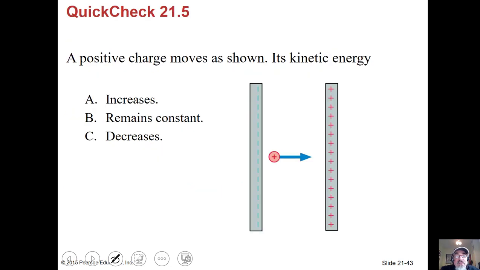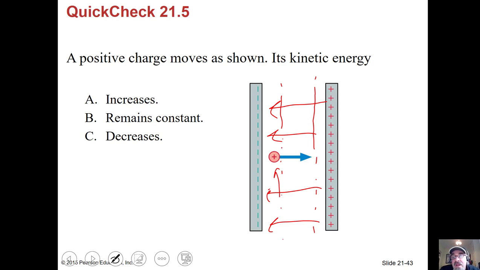Okay, so let's see. A positive charge moves as shown. What happens to its kinetic energy? Well, pretend that you had this charge here. Would it want to go across? Right, the electric field, I'll use red for the electric field. This is the electric field. This is from chapter 20. This is going to have equipotential surfaces that look like this.